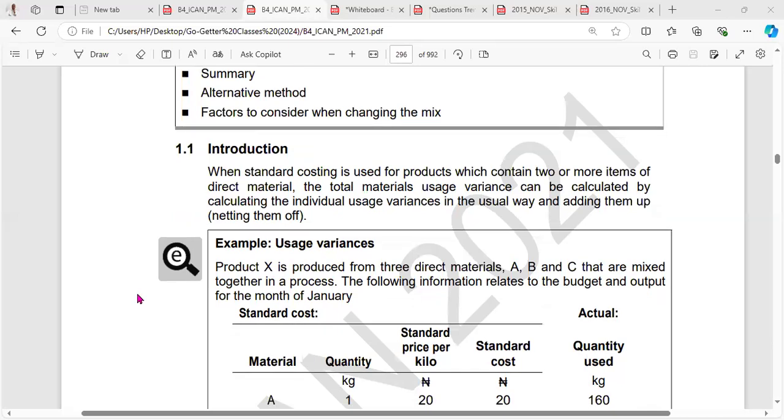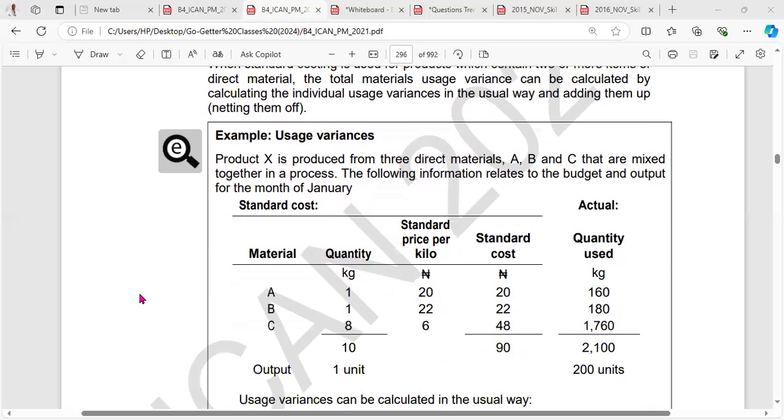So what we mean here is if we are making a product and we use different materials, say material A, material B, and material C.